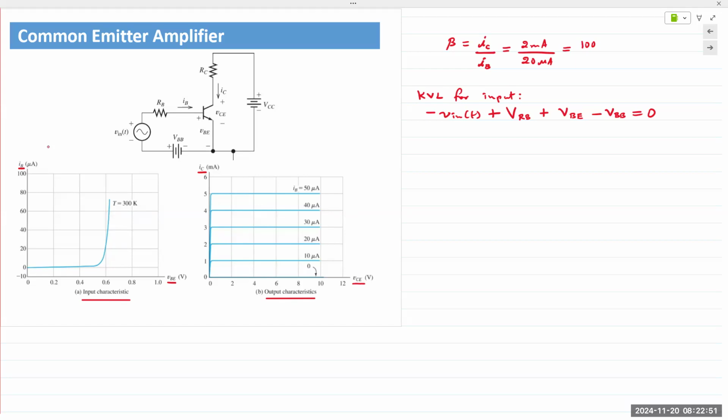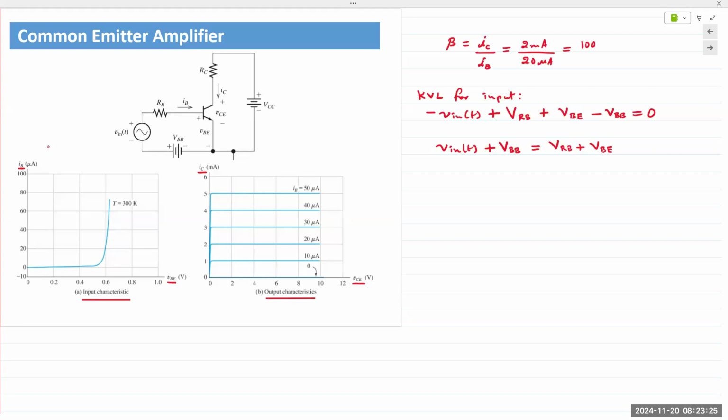So we have the inputs on the left side and the other voltages on the right-hand side. So I will have Vin of t plus my DC biasing voltage VBB equal to VRB and VBE. Vin of t plus VBB is equal to VRB plus VBE.